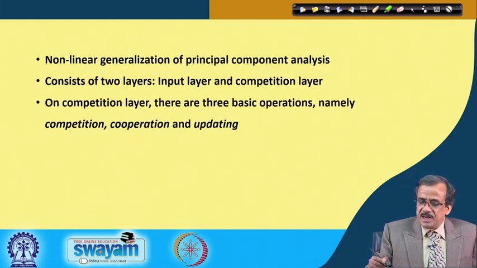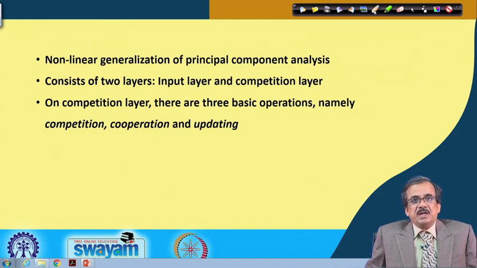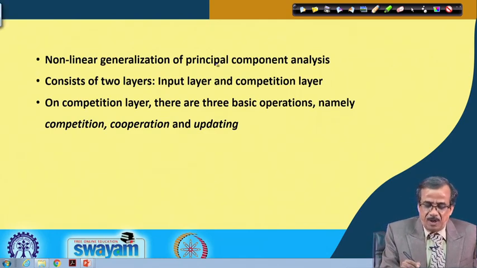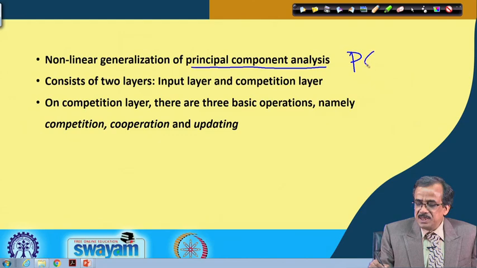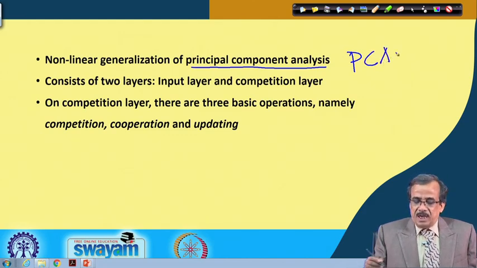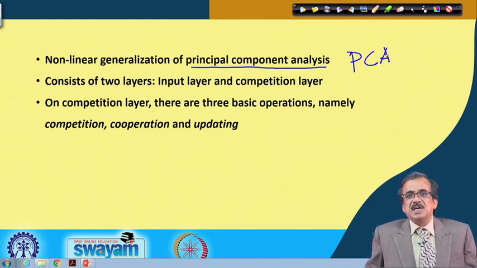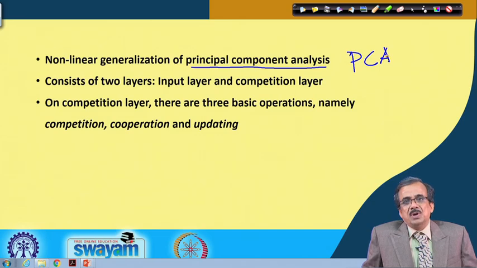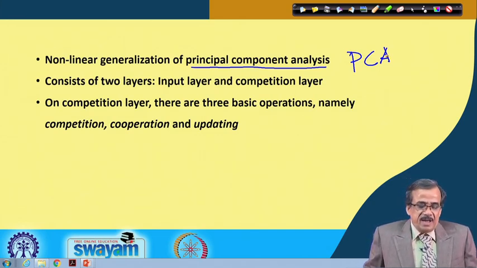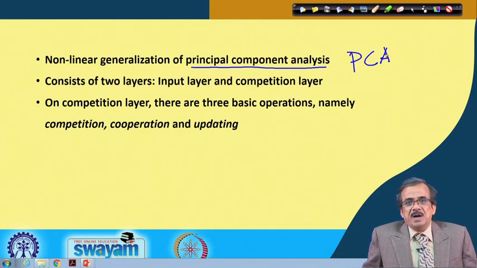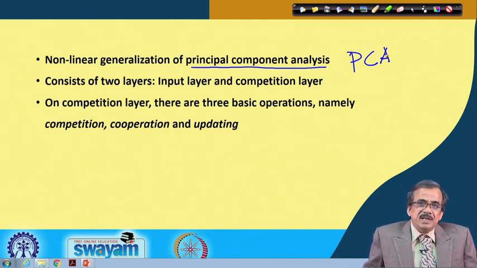Now, this self organizing map can also be called actually nonlinear generalization of principal component analysis. You might have heard about the principal component analysis, that is nothing but PCA algorithm. Now, this PCA is actually a very efficient tool for linear mapping, 1:1 mapping, but as we are doing the mapping from higher dimension to lower dimension, we cannot think of the linear mapping.